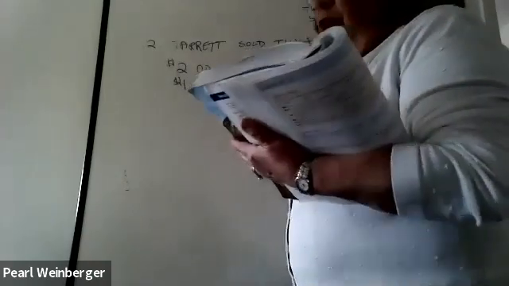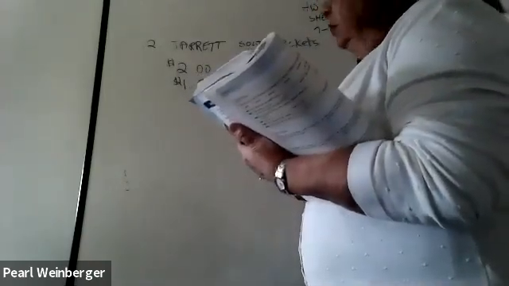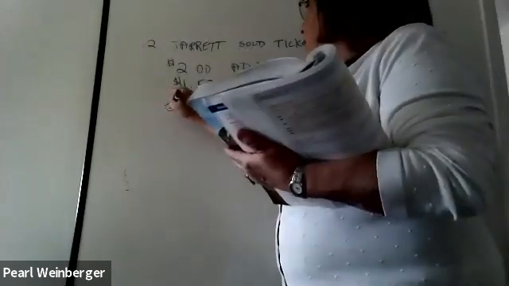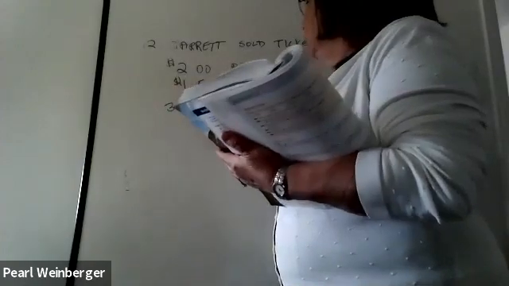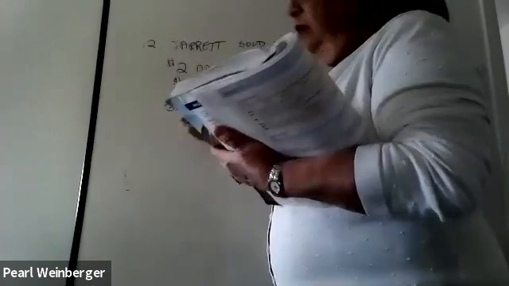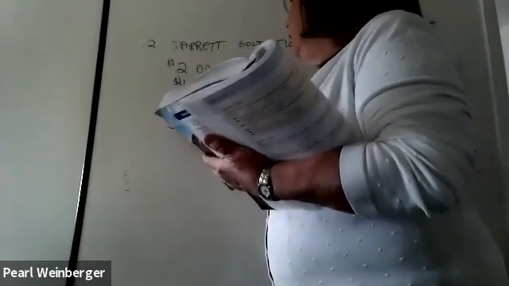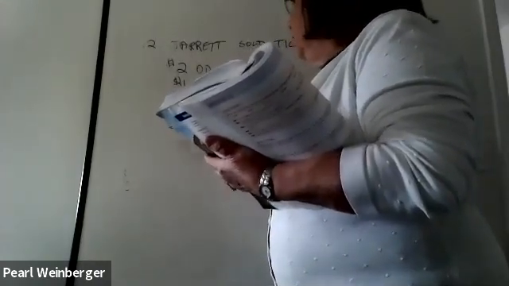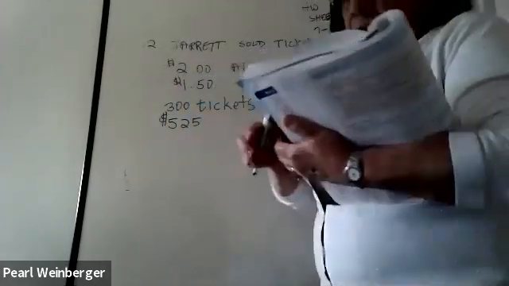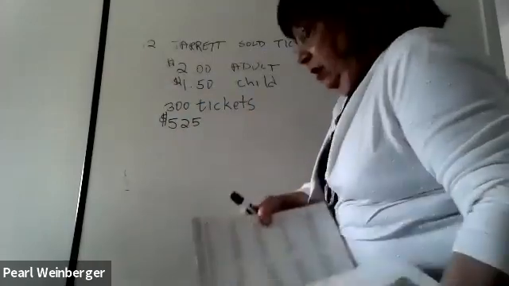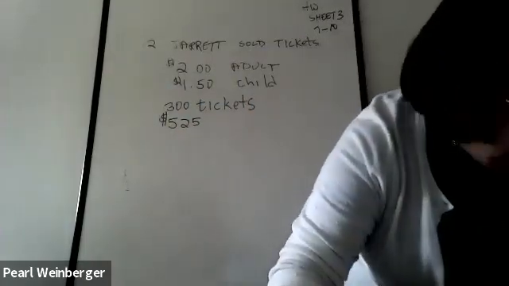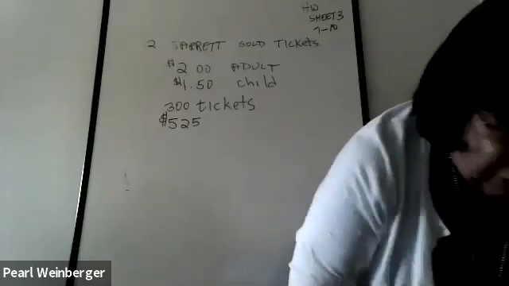And we want to know, he sold a total of 300 tickets, and he made a total of $525. And we want to know if you can write a system of equations to solve this, and then solve it. I will give you a few minutes to try.